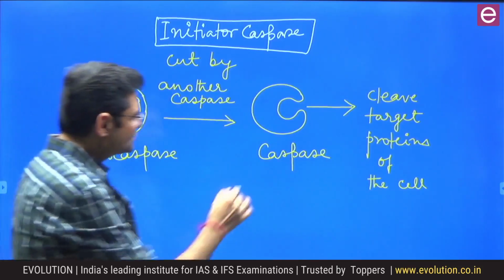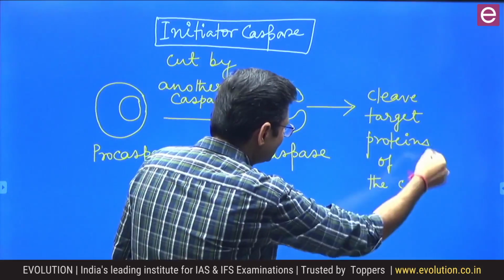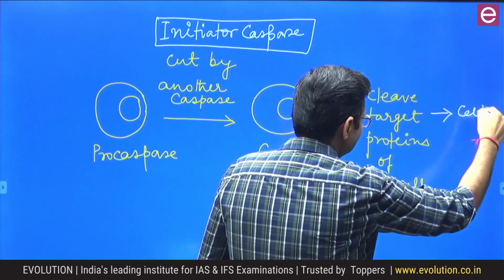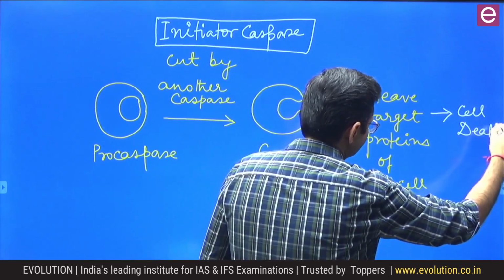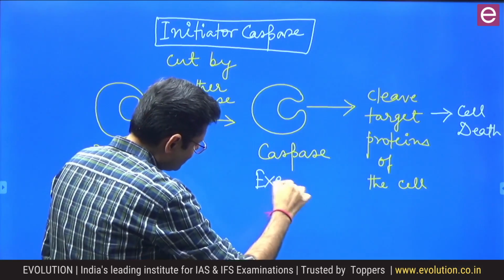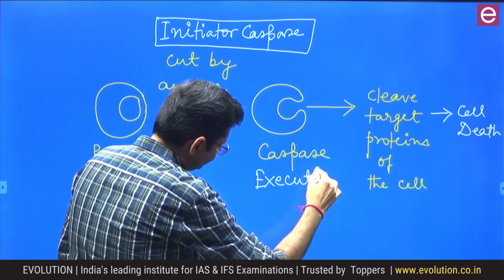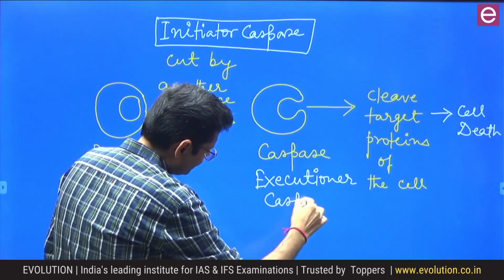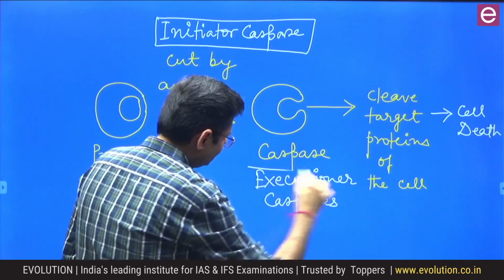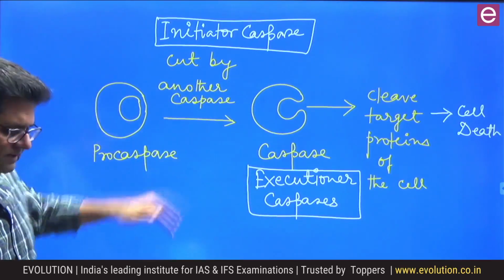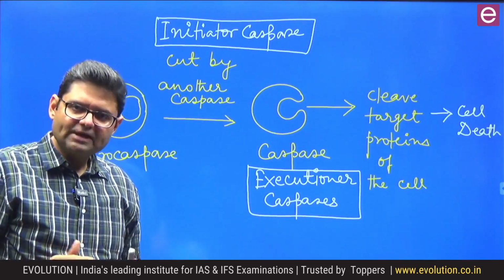And the caspases which cleave the cellular target proteins and thereby bring cell death are called executioner caspases.